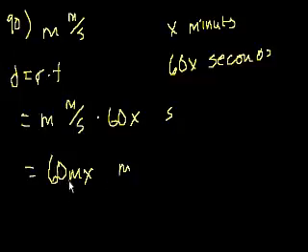So 60mx meters. How many meters does a cyclist travel in x minutes? x minutes is 60x seconds. At the rate, how many meters does a cyclist travel? Right, rate times time. At a rate of m meters per second.